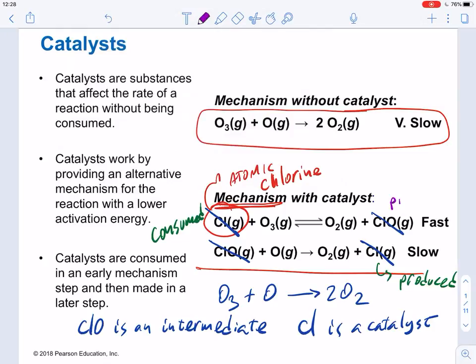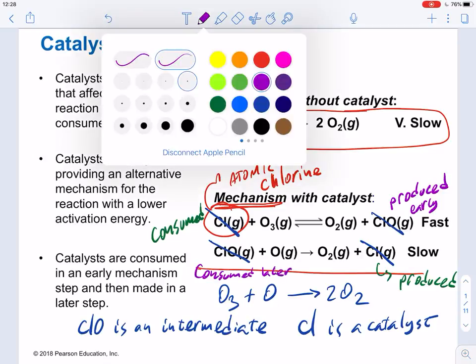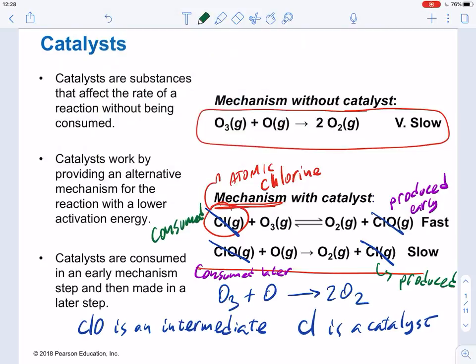So here the intermediate is produced early and then consumed later. And let's complete this. Consumed early, produced later. So that's the main difference.